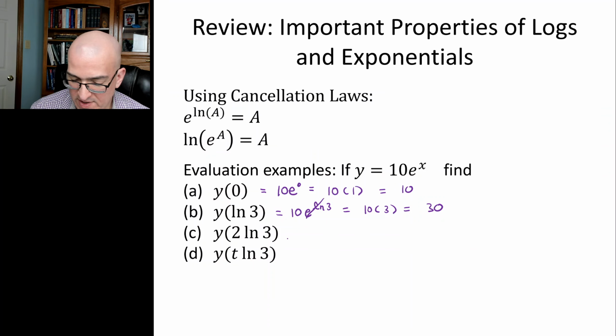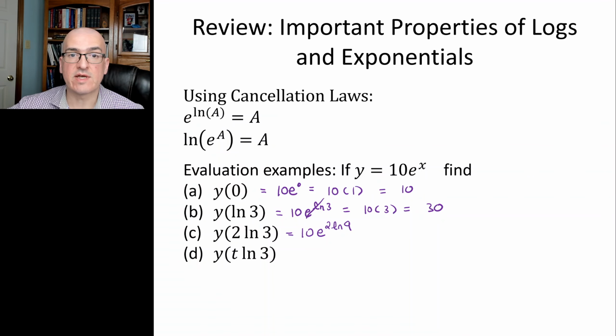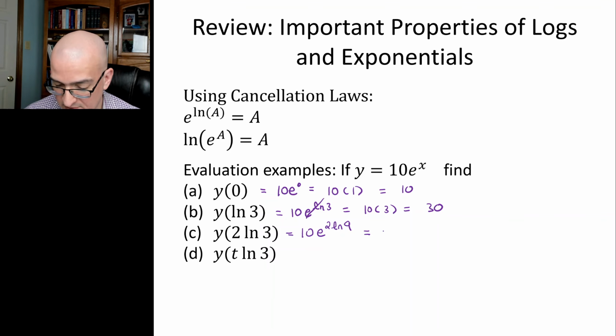What if we have twice ln 3? So we have 10 times e to the 2 ln 3. Is that going to be 60, or is that going to be something else? Well, we can't cancel the e and ln. The reason we can't cancel is that there's a 2 in front, so we're going to have to use a log property. We're going to use a property that allows us to bring a coefficient in front of the log function up as a power inside the argument of the log function.